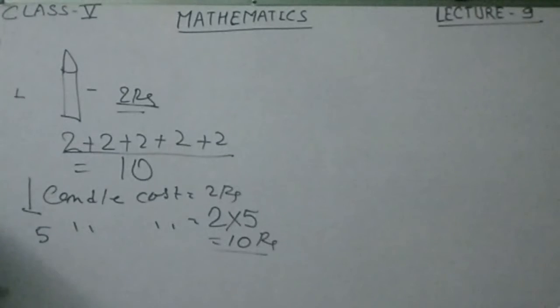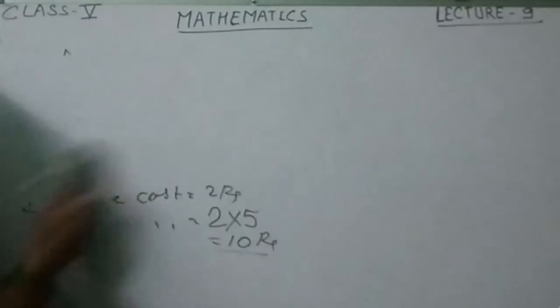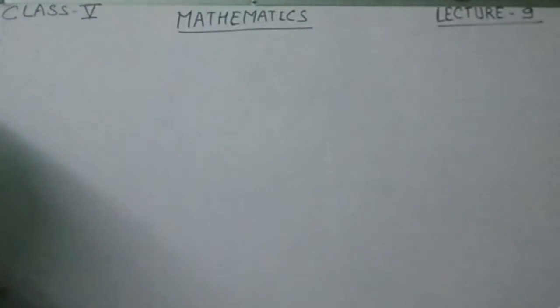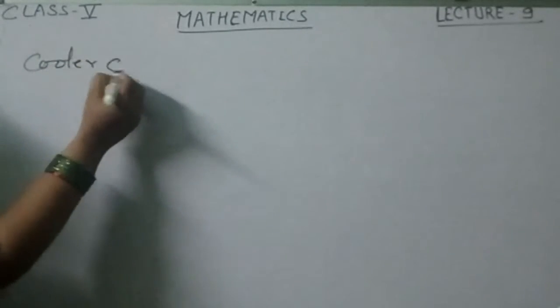One example I will take from your book. See, in your book one question is given. A cooler costs rupees 4,350. See what is given: the cooler cost is given.